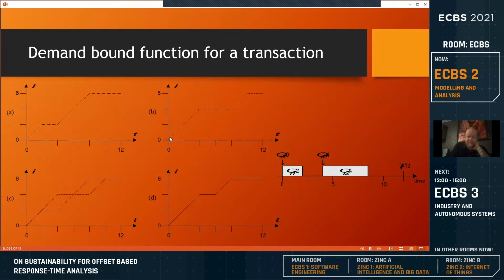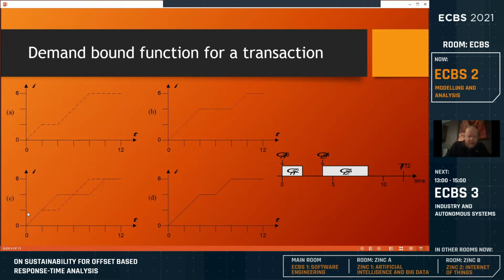Then we have 4 units of execution, and then we have some gap in between, and then this one task comes in, and this is the execution demand that they require.